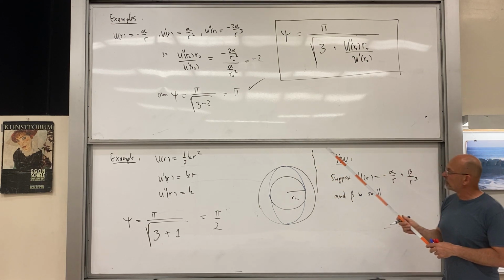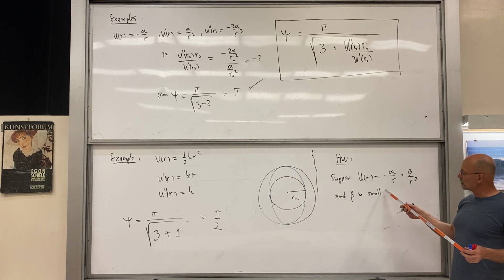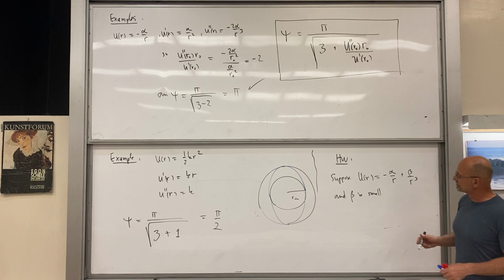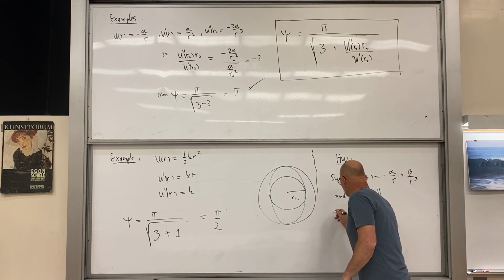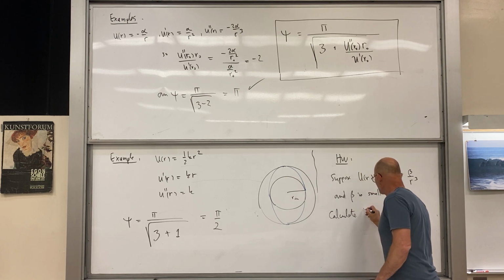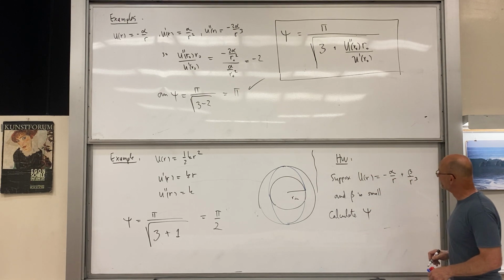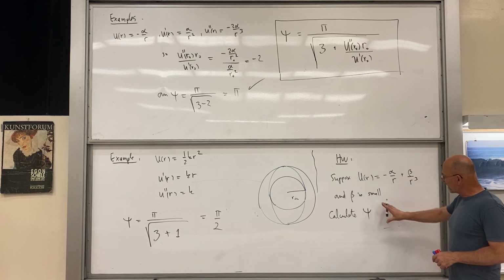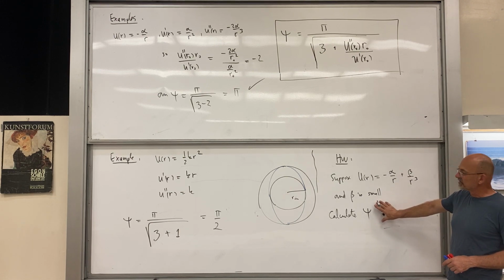So what we can do is treat it as a very small parameter and make little expansions. Calculate C. Now the thing is, you're going to have to do approximations to make it work.